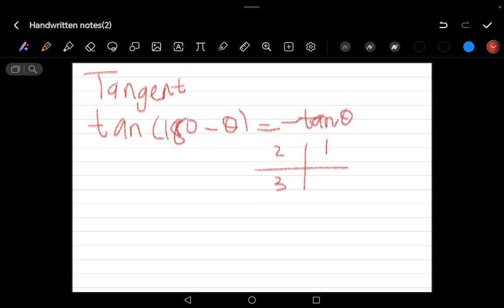Tan. Okay. So now we're going to focus on the third quadrant, quadrant number 3.